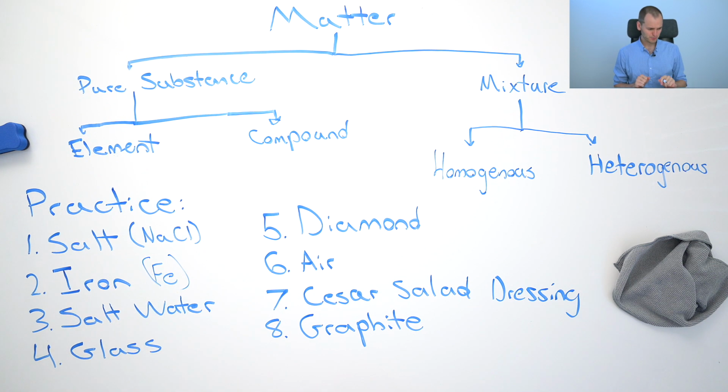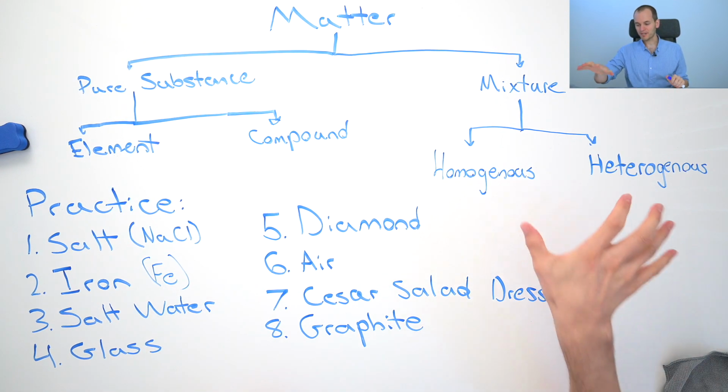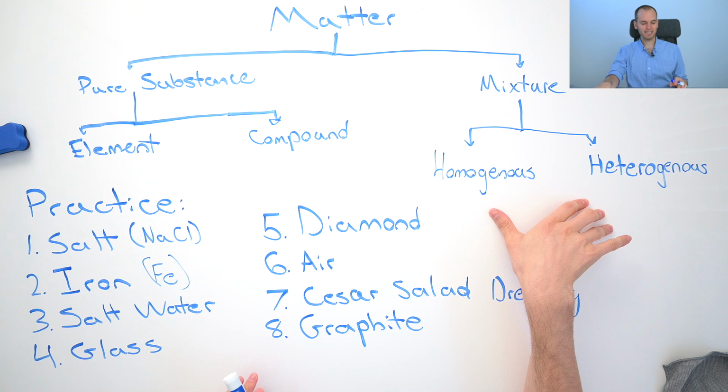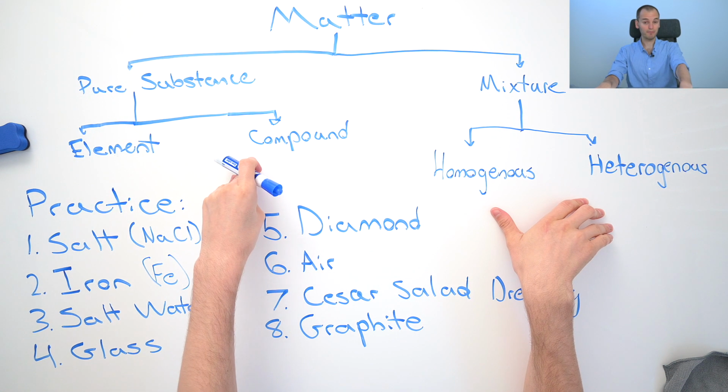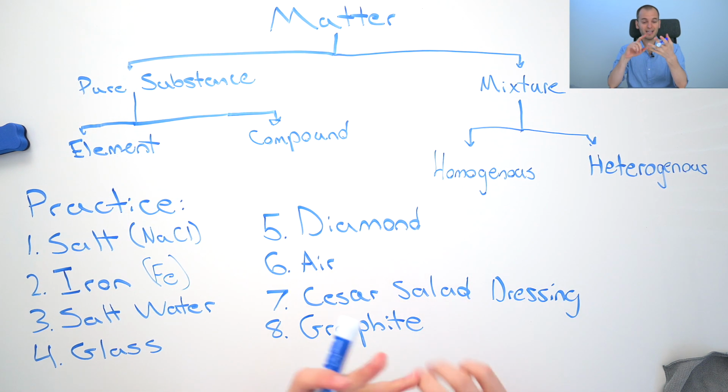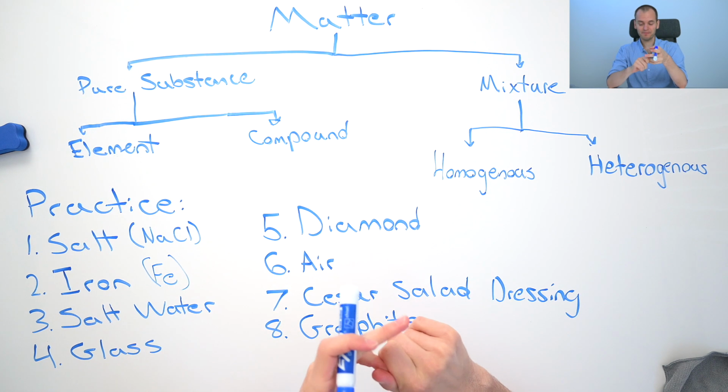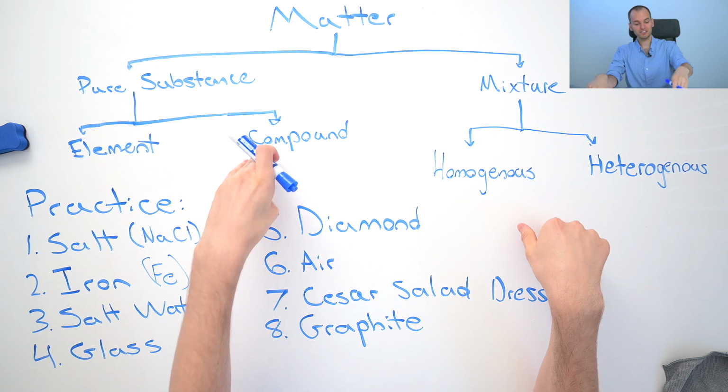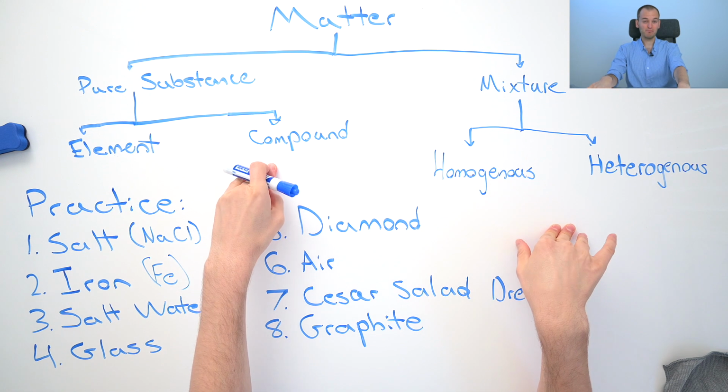Now, salt water gets a little more complicated because we now have what we talked about before with salt, and it's dissolved in water. So that brings us over here with a mixture, because now we have basically 2 compounds together. We have salt and water together. Because of that, it is not just purely one of them, it's both.